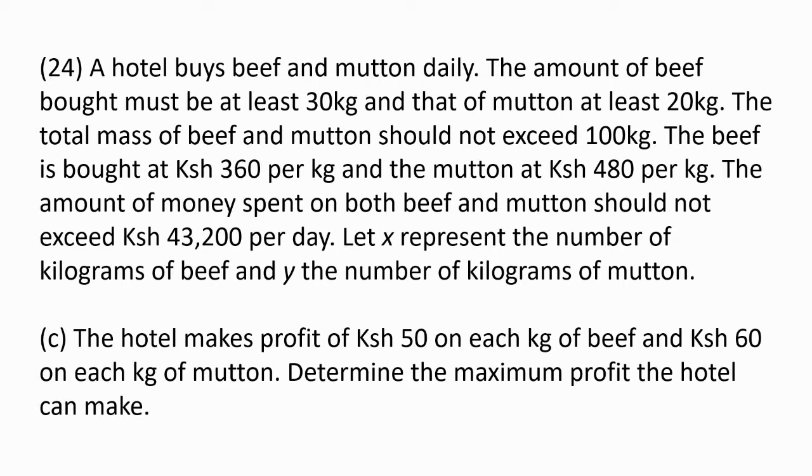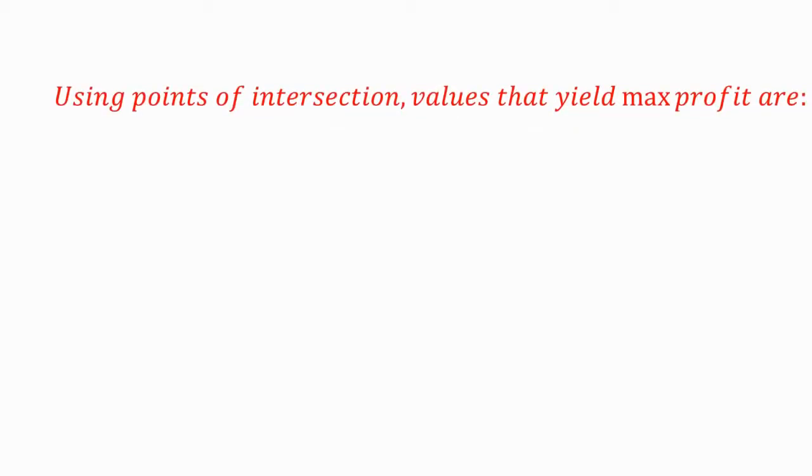So out of this, we know that the point that yields the maximum profit is (40, 60). And so, using the points of intersection, the values that yield the maximum profit are x equals 40 and y equals 60.